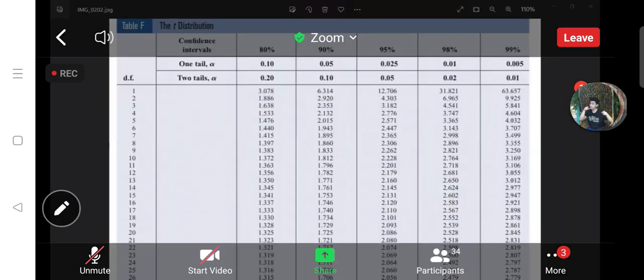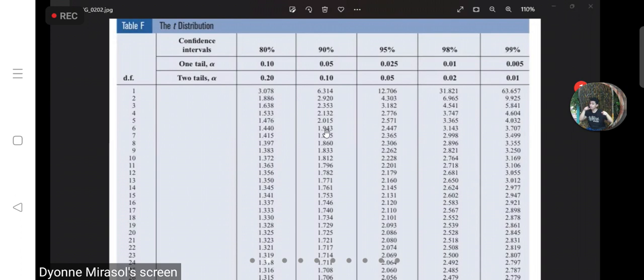So for this problem, our n is 6. N is 6. So to solve for the degree of freedom, n minus 2, 6 minus 2, so equals 4.